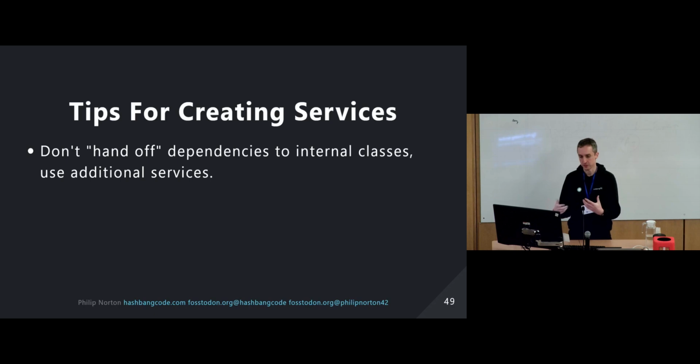If you've got a service that has a service, like you inject the password generator and then pass it on to another class to do the password generation stuff, that creates a tight dependency between those two classes and can create some brittleness there. So it's best to separate your concerns as much as you can.